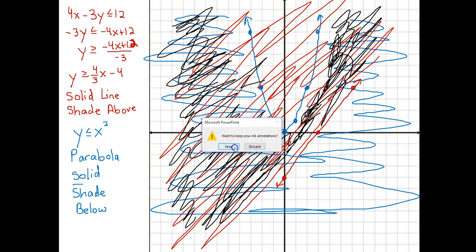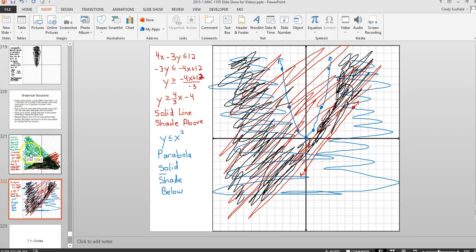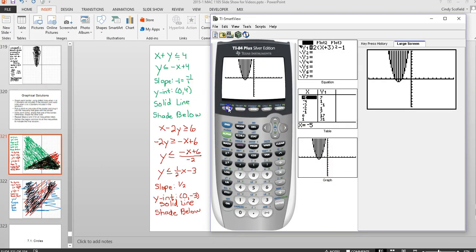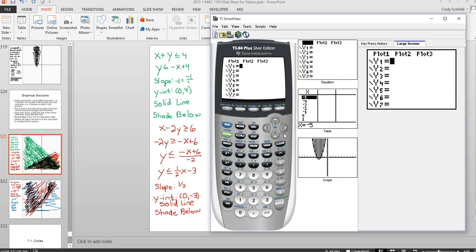Let's stick those in the calculator, show what it looks like. Okay, first one, let's put that in the calculator. Y is less than or equal to negative x plus 4. And then we know we're shading below. All right, and then the next one, we got 1/2 x minus 3.